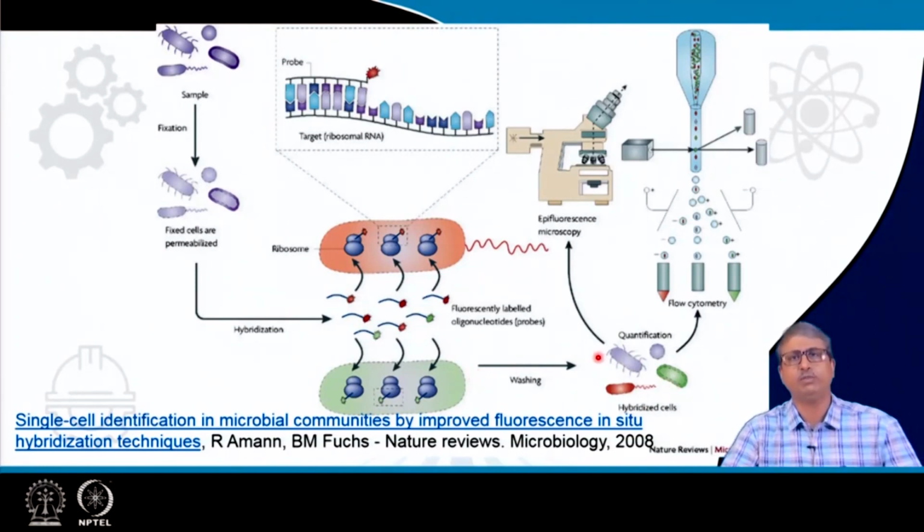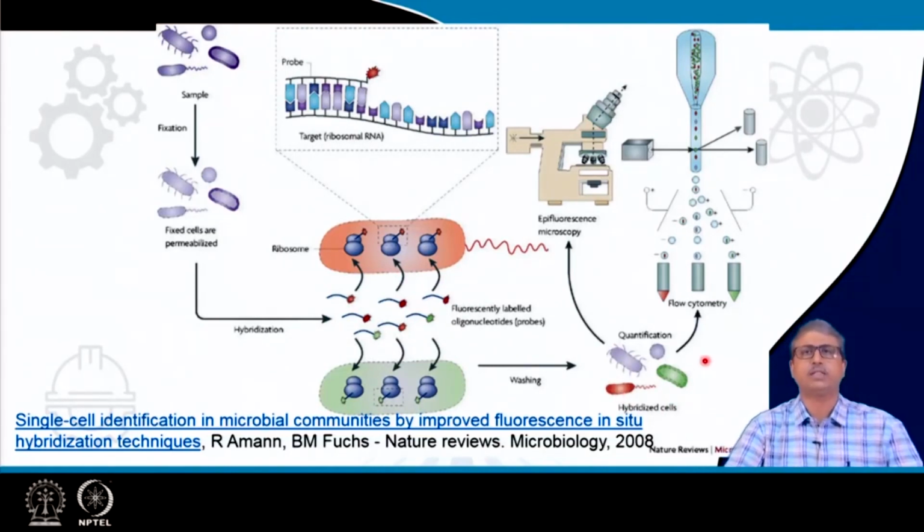Following washing, you expect that some cells are not taking any color, so they remain blue. Some cells are red, they have taken the red probe, which could bind to the ribosomal RNA in them, or some are green.